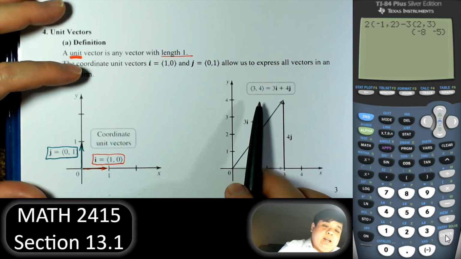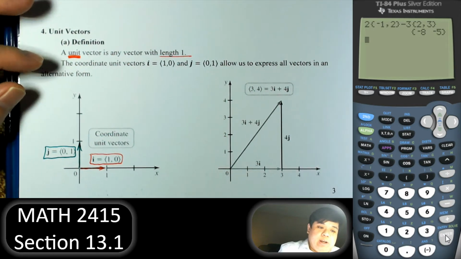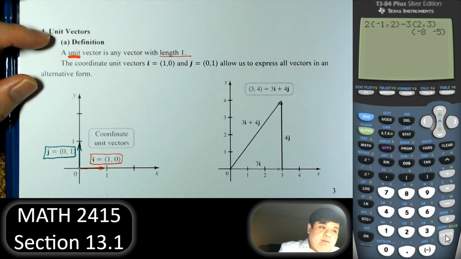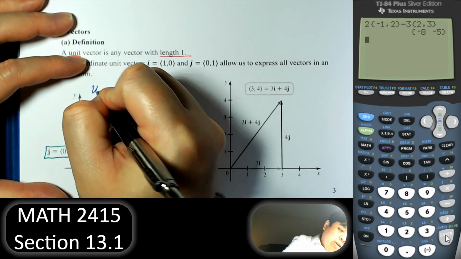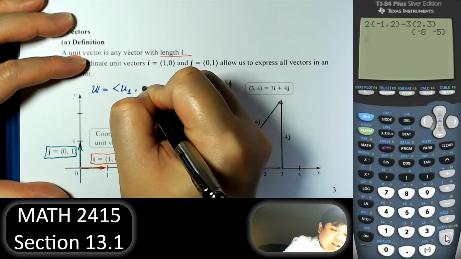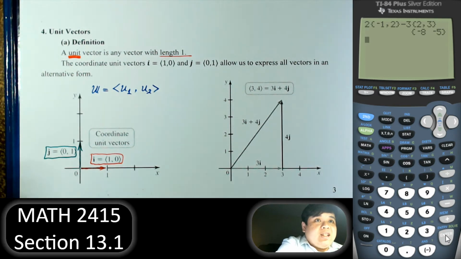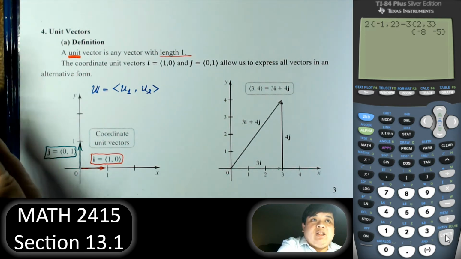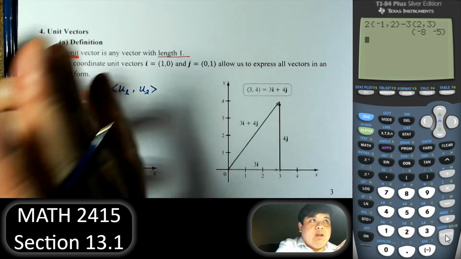In that case, we can say the vector 3 and 4 is 3i plus 4j. So instead of writing the vector as u1 and u2, if you say vector u has the first component in the x-axis, second component in the y, don't use the subscript x and y, because the subscript x and y are reserved for something else later. So we use 1 and 2, first component, second component.